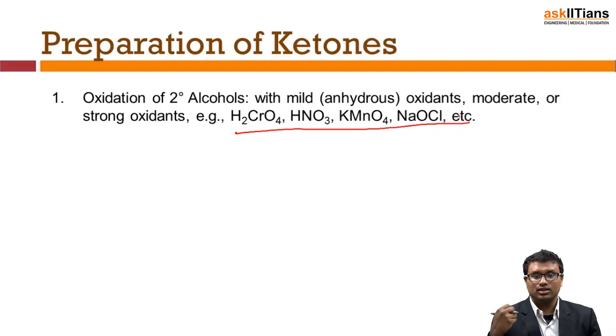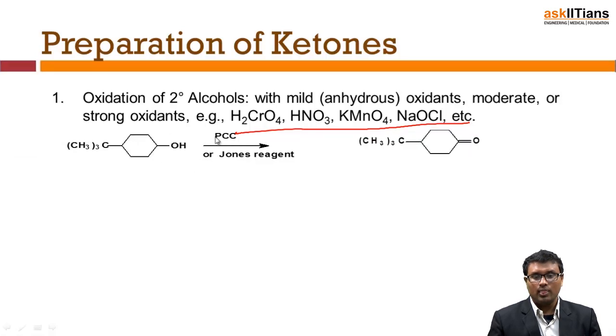For aldehydes you need a 1 degree alcohol, and for ketones you need 2 degree alcohols. Here you can see a 2 degree alcohol, and in the presence of an oxidizing agent you will get a ketone, since this carbon is a 2 degree carbon.